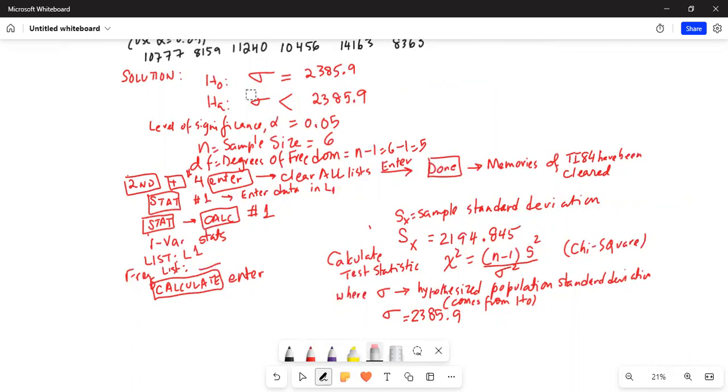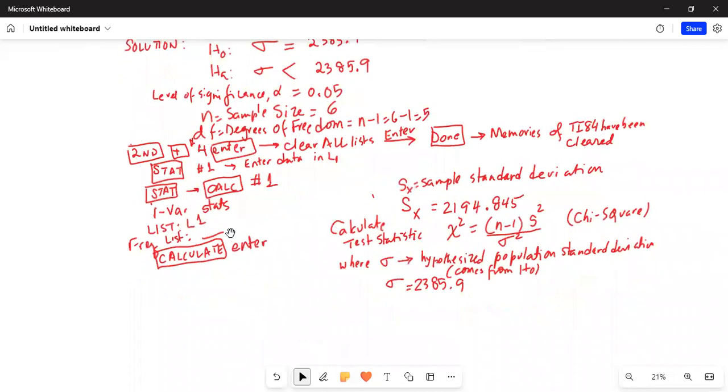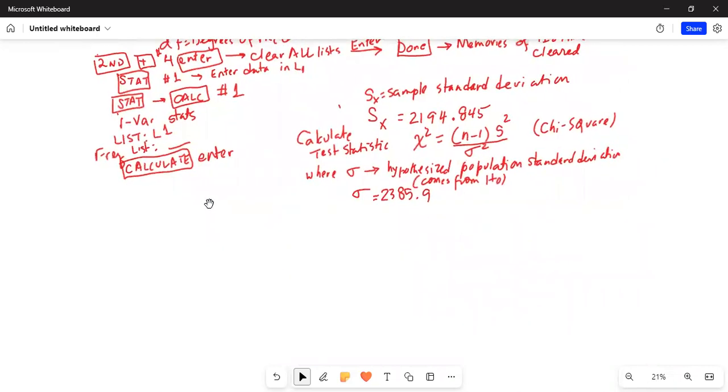Okay. So let's calculate the test statistic first. Test statistic chi-square is equal to n. We have n as 6.